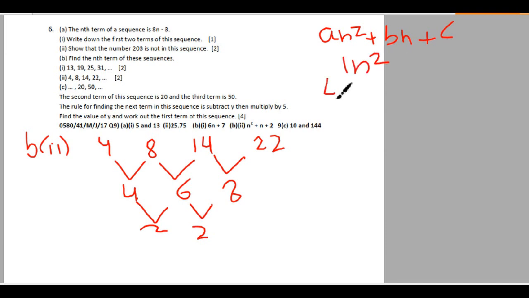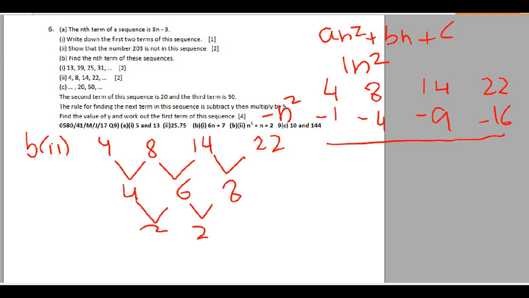So we write the original sequence again, and we subtract n squared from it. So we subtract 1 here, subtract 4, subtract 9, since 3 squared is 9, and subtract 16. We get 3, 4, 5, 6.